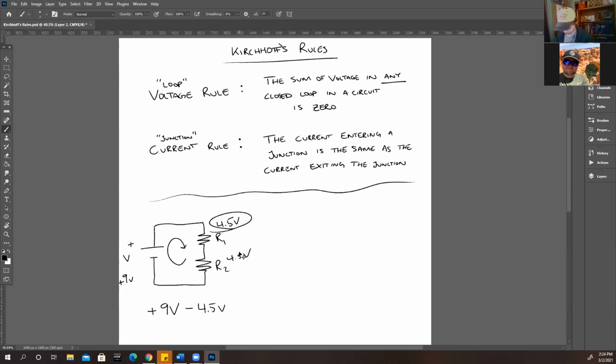It's the same thing with that second resistor, R2. It is taking another 4.5 volts from the total volts, and we see at the very end we have 0 volts. This is good for this series example.